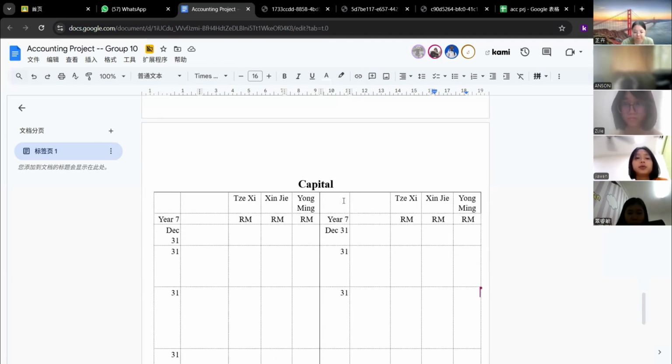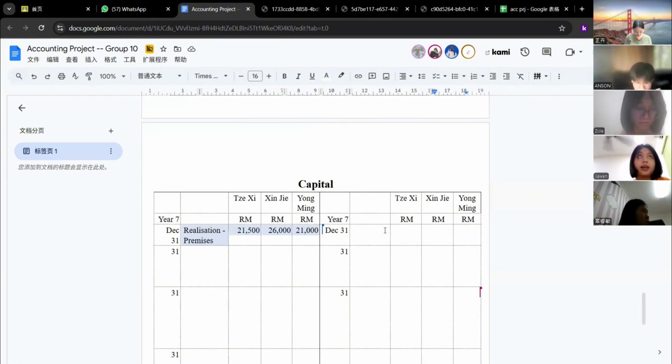So first we need to record their capital on the credit side of the capital account, which amounts to: Xingjie owns 80,000, Zixi owns 80,000, Xingjie owns 120,000, and Yongming owns 80,600.